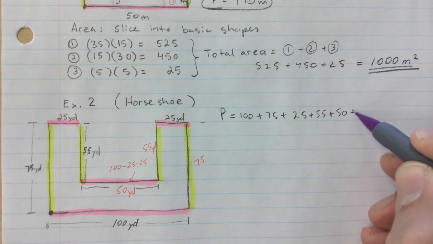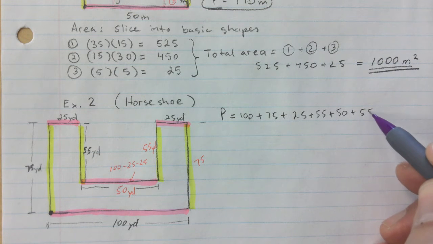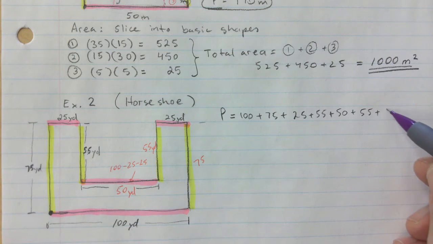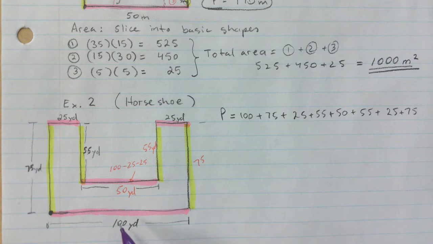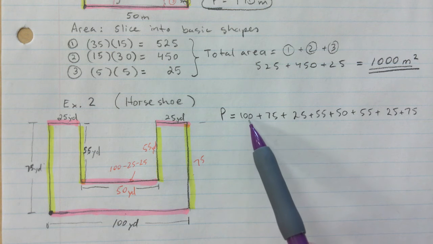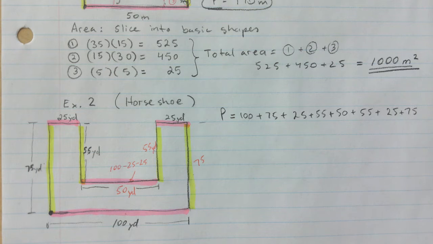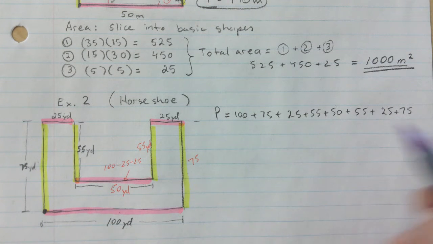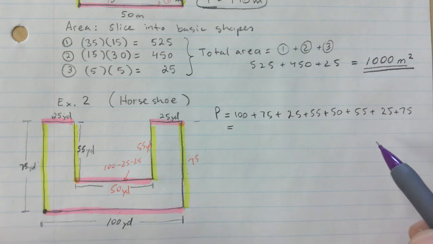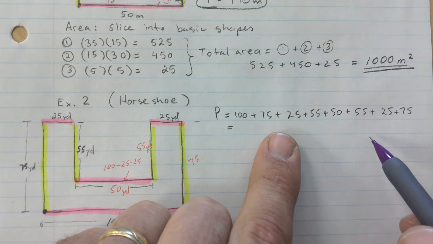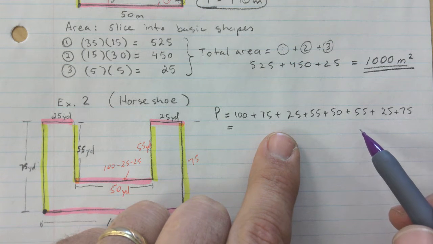If you have a faster way, go for it. Plus 25 plus 75. So I'm just going to count 1, 2, 3, 4, 5, 6, 7, 8. And over here 1, 2, 3, 4, 5, 6, 7, 8. I've got 8 numbers being added. So that's perfect. If you want to do some mental math, you go for it.